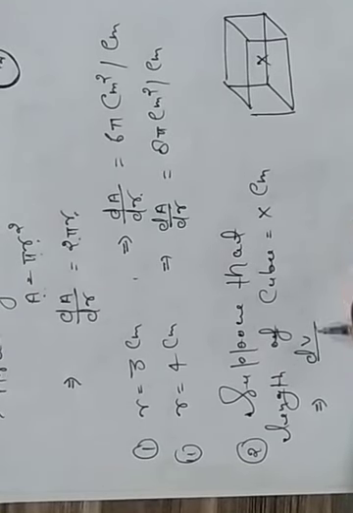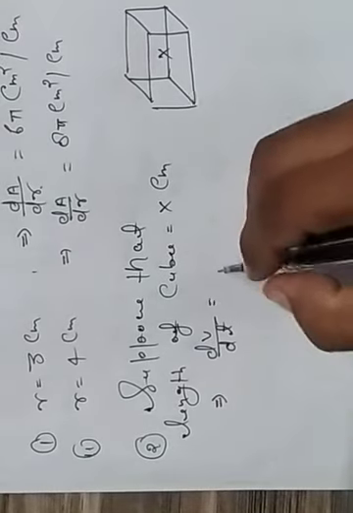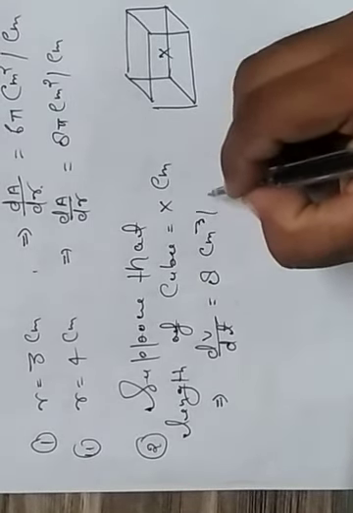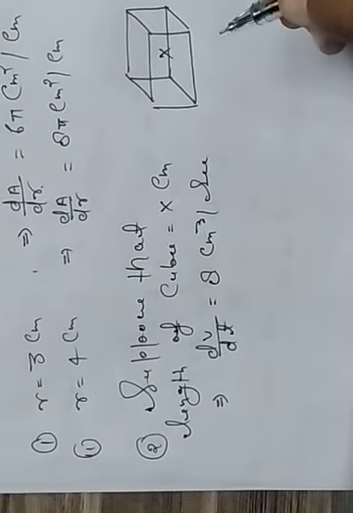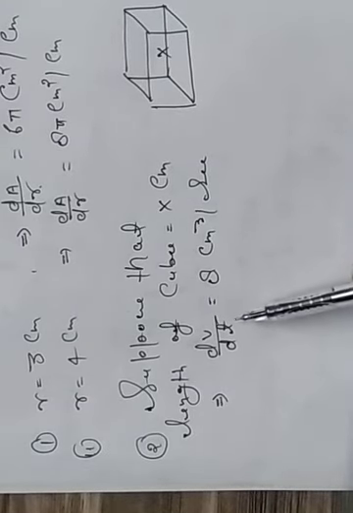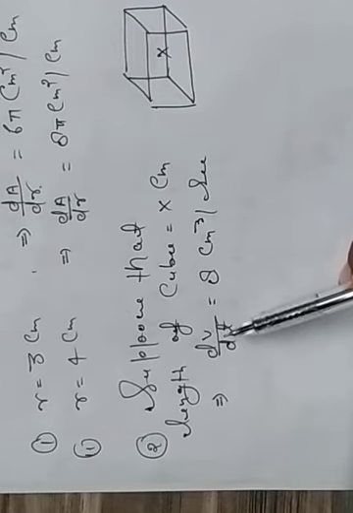So dV upon dt is given, 8 centimeter cube per second. Students, dV upon dt is what? Rate of change of volume, because it is given in your question.